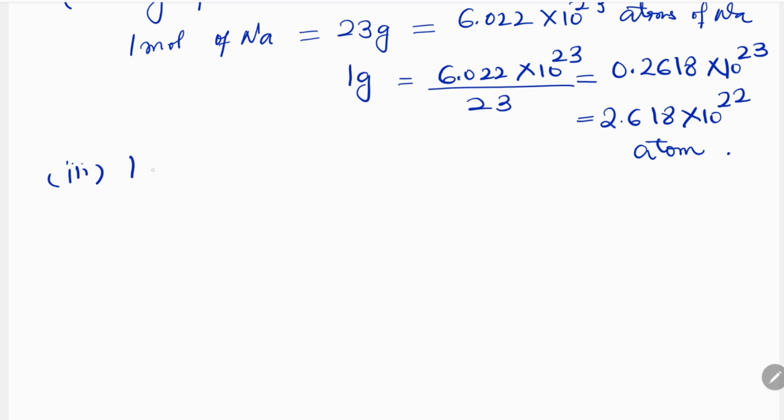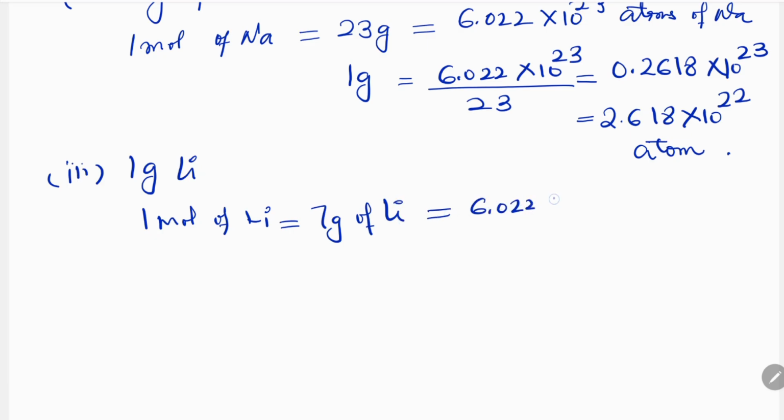I think 1 gram of lithium was given. Okay, 1 mole of lithium will have 7 gram of lithium, and it will have 6.022 into 10 raised to power 23 atoms of lithium.